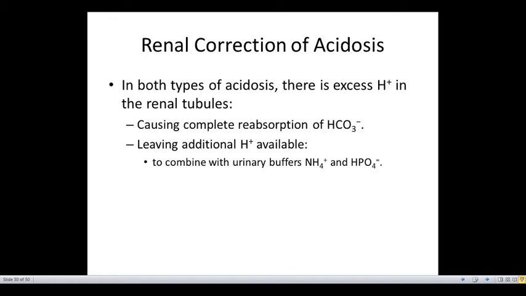Therefore, in both types of acidosis, there are excess hydrogen ions in the renal tubules, causing complete reabsorption of bicarbonate ions and leaving additional hydrogen ions available to combine with urinary buffers like ammonium ions and hydrogen phosphate.